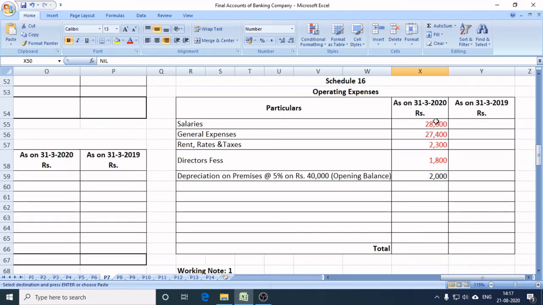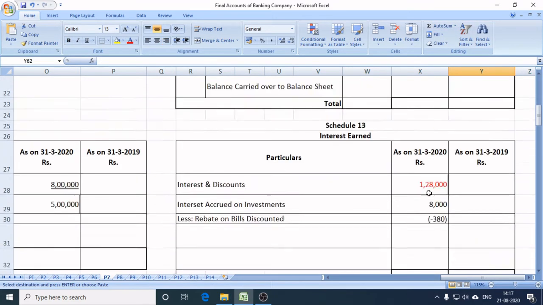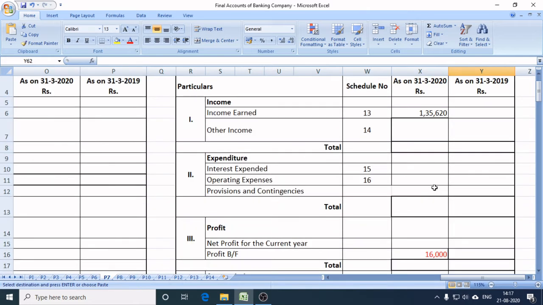Okay, now make a total of schedule number 16 figures, it is 61,500. So here I'll type 61,500, and it has nil balance over here. There is no balance in schedule number 14, so it is also nil. This ledger is also closed with nil balance.